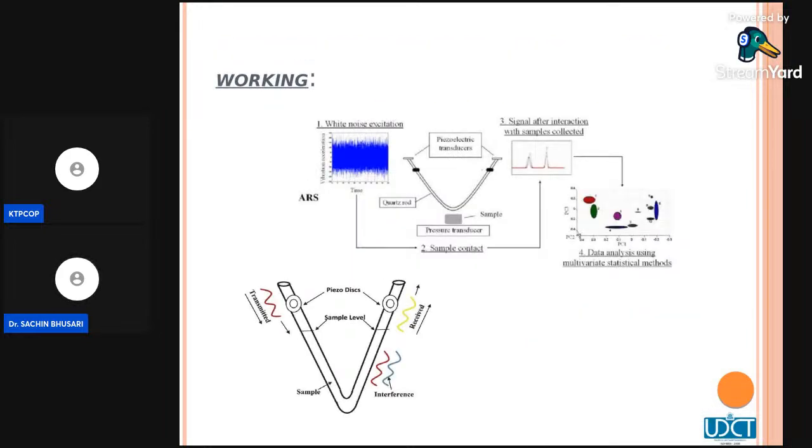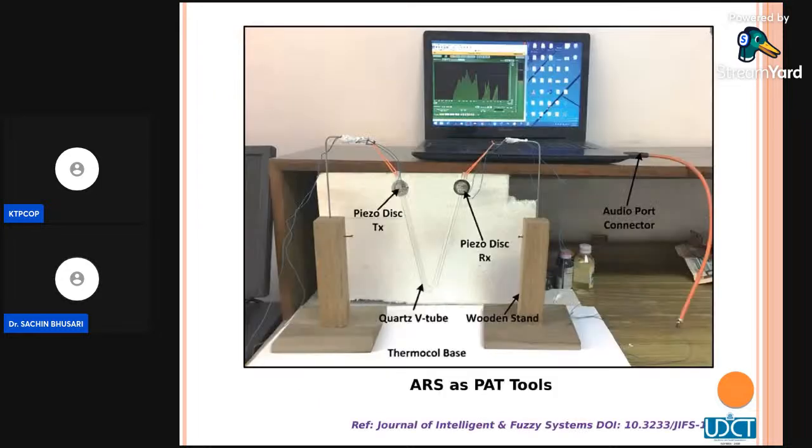Now see, you transmit the sound waves, they go through the sample, and they are received. Piezo discs are there at the time the sample passes through. This is the classical way of explaining white noise excitation. It goes to the sample, generates some spectra, and you calculate it. You get the spectra and interpret the data.